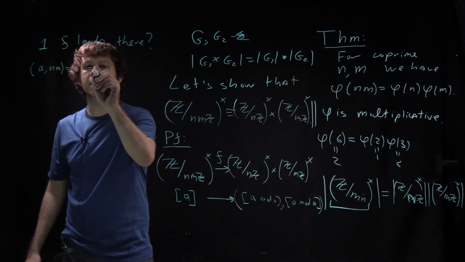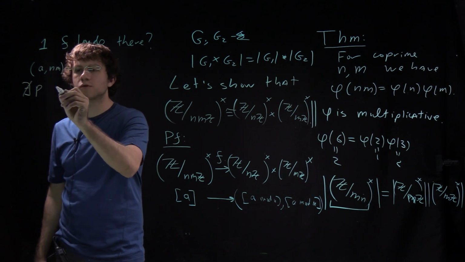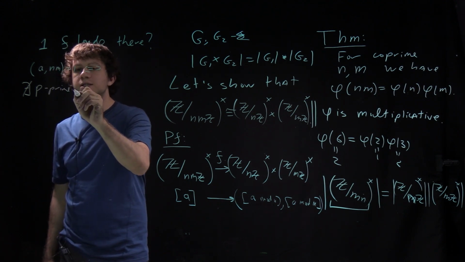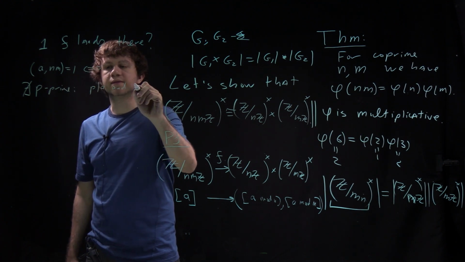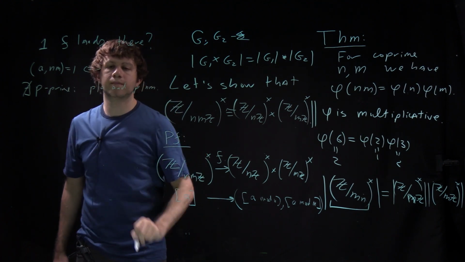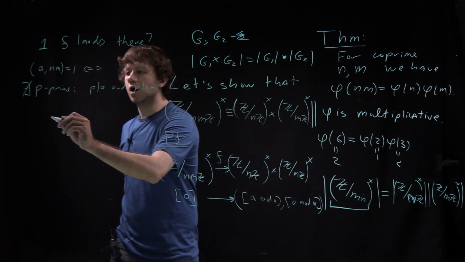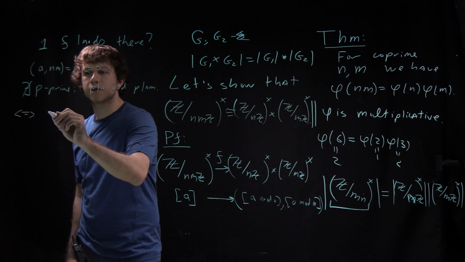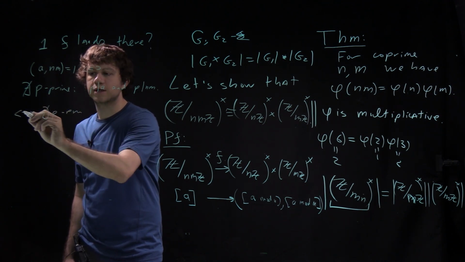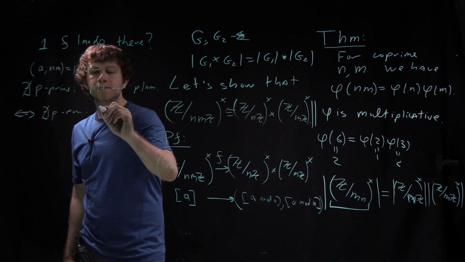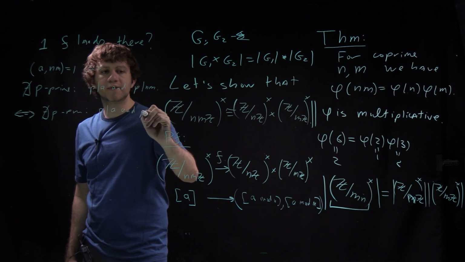This means that there does not exist a prime p such that p divides A and p divides nm. But n and m are coprime, and p is a prime number, so this implies that there doesn't exist a prime p such that p divides A and p divides n.